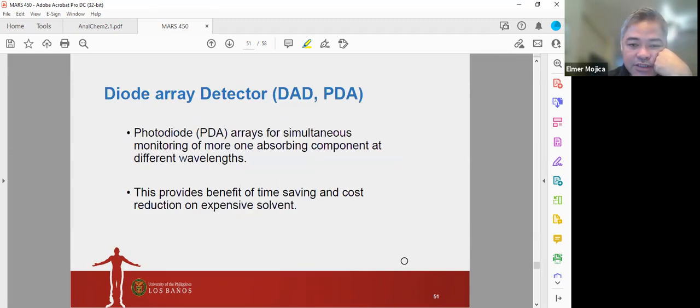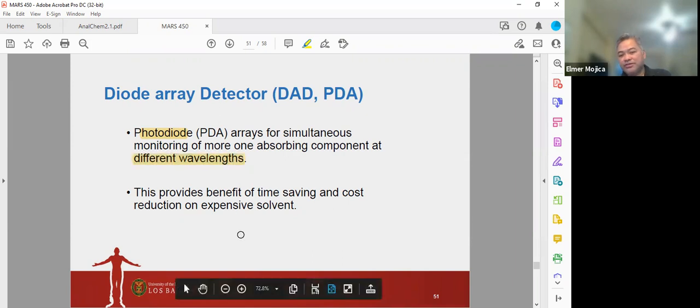Now, a much higher version than your UV detector is the diode array detector. In the diode array, you have these photodiode arrays. They can simultaneously monitor more than one absorbing component at different wavelengths.